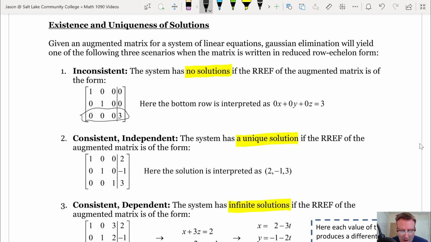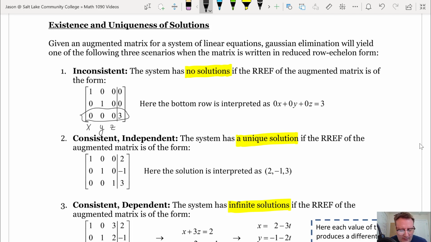Remember, each row in a matrix corresponds to an equation, and the columns of the matrix, if we're using x, y, and z as our variables, the first column is typically the x column, then the y column, and then the z column, and then the augmentation column is the constants.